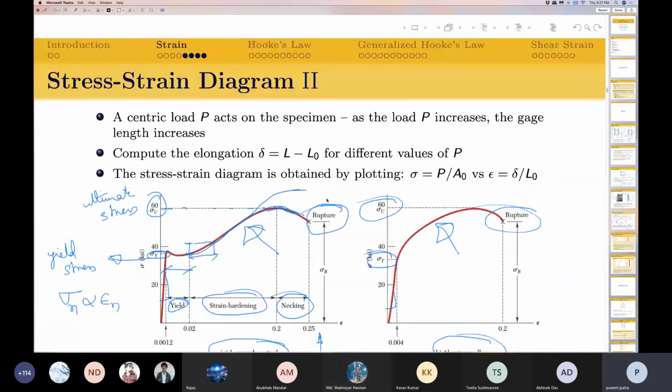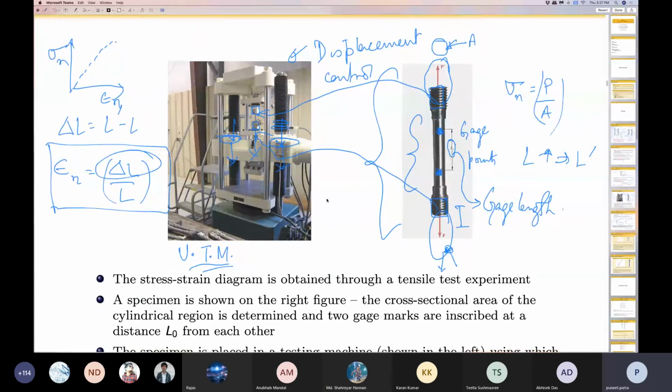This is what I was just trying to explain, that we do not apply force directly. We apply displacement. And the force is being calculated by the machine itself through some principle of hydraulics, which if time permits, I will tell you. So force is being computed by the machine. Force is not being applied directly. Displacement is being applied directly. Keep that in mind. Force is computed indirectly. Understood?